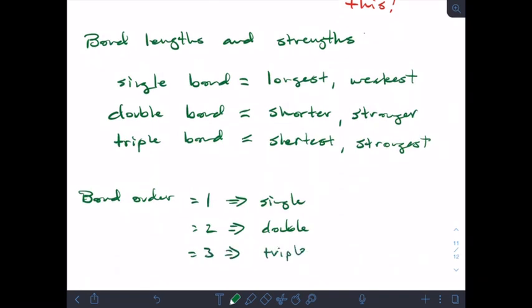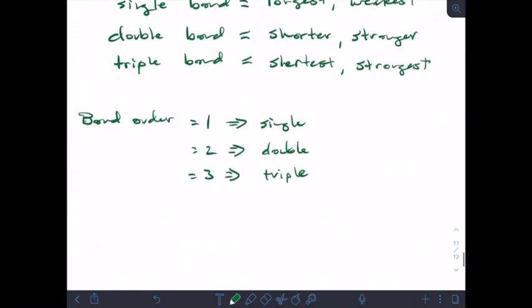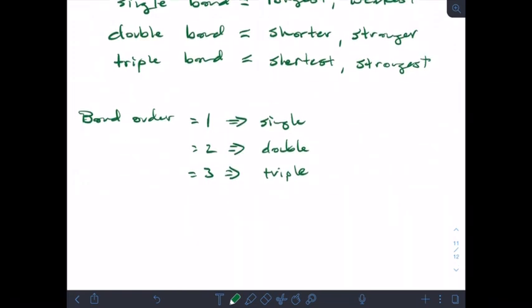And 3 is a triple. And the way bond order works is you can actually calculate bond order from your drawing. So bond order is the total number of bonds divided by the number of bond areas.